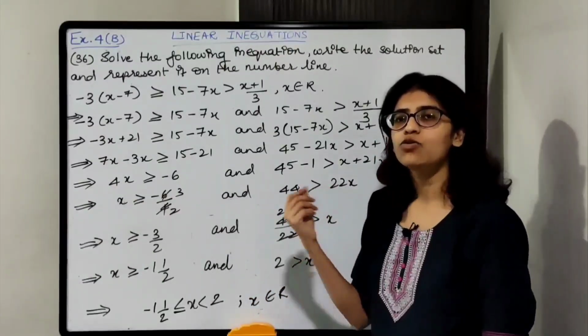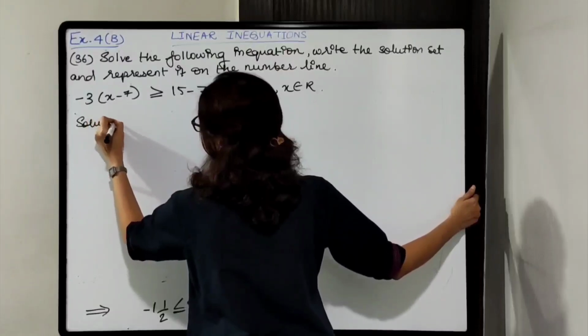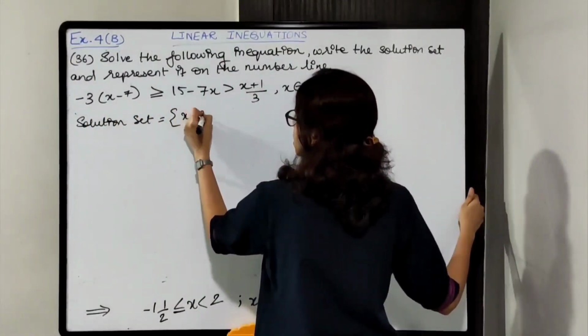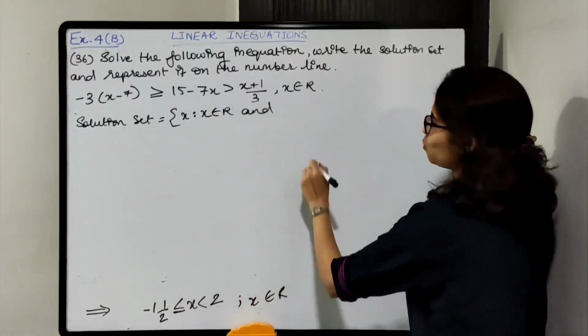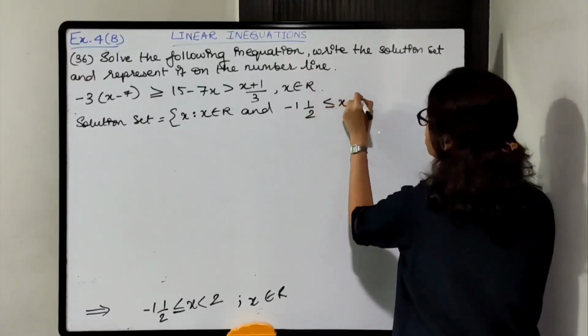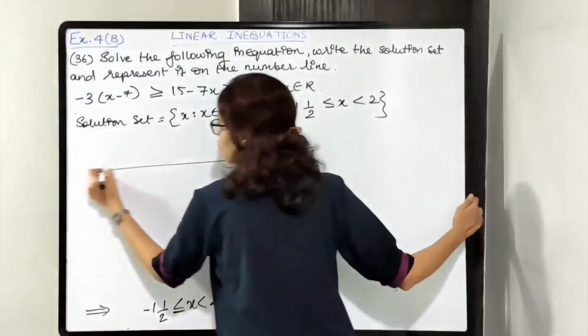So we'll write the solution set in set builder form. So the solution set is x such that x belongs to R and then write down the condition, whatever condition we got. Minus 1.5 is less than or equal to x, which is less than 2. Now plotting on the number line, so draw the number line.